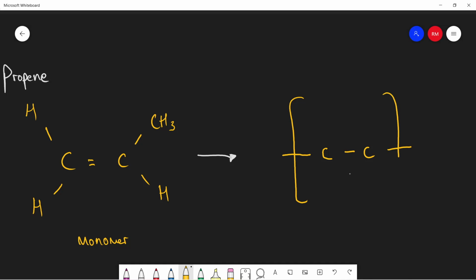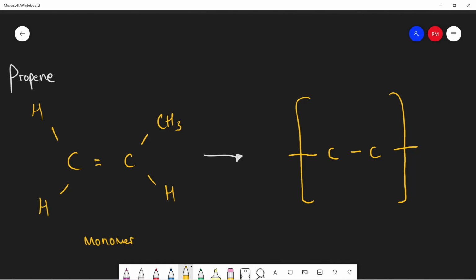So within the repeating unit, you typically just want to have the 2 carbons around the double bond here. It's never seen as, and you'll be marked down if you try and include 3 carbons. This is just not a thing. You have to just include the 2 carbons here, and an n for, as I've told you before, the number of repeating units.